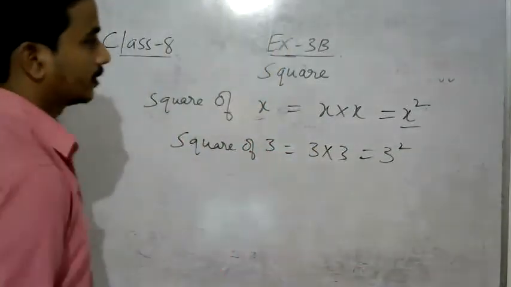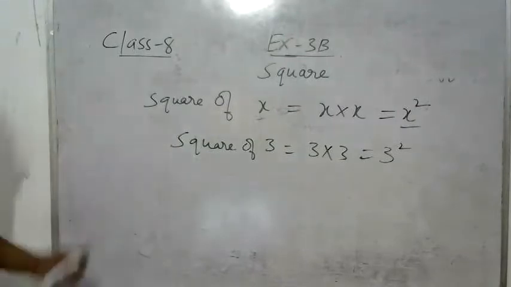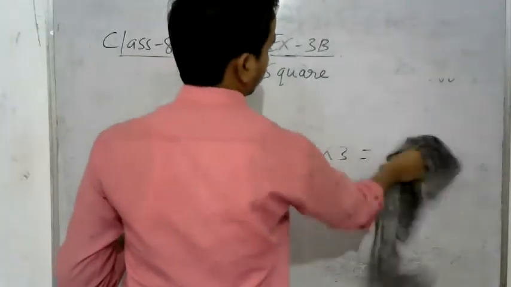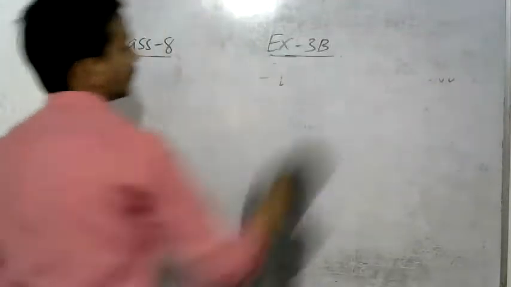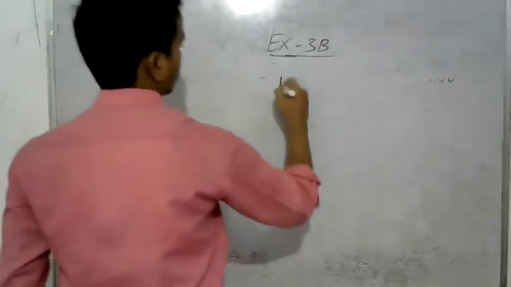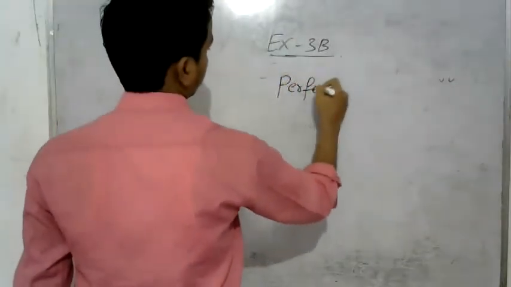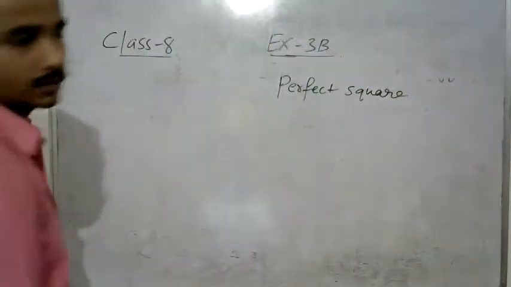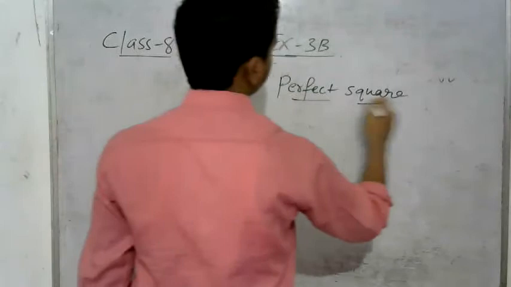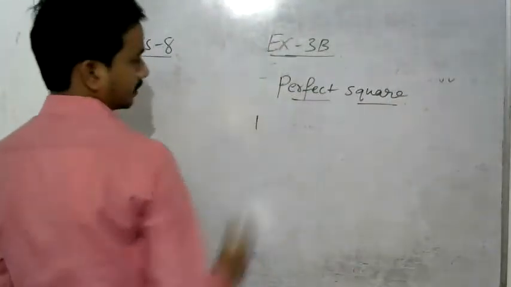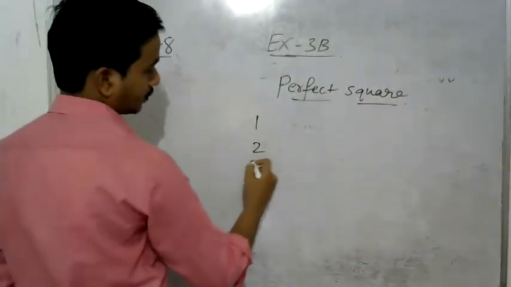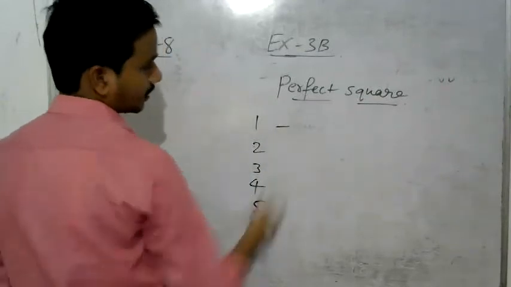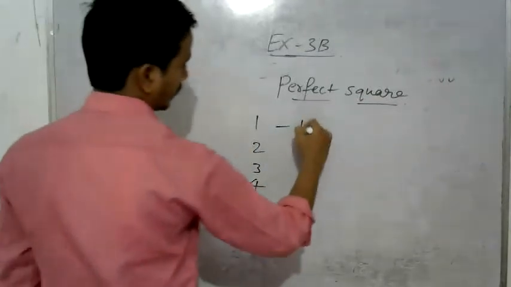Now, what is a perfect square? Suppose that we have the natural numbers 1, 2, 3, 4, 5 and 6. What happens when we square these numbers?